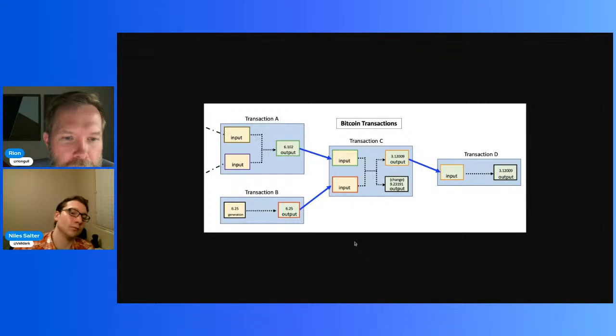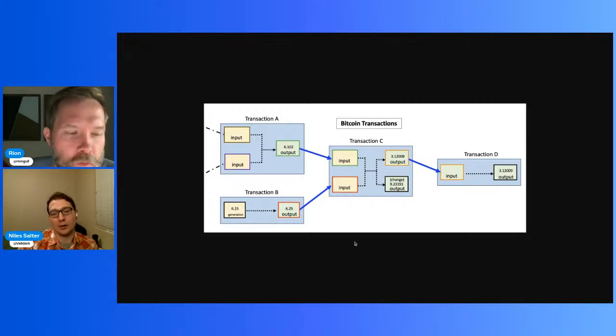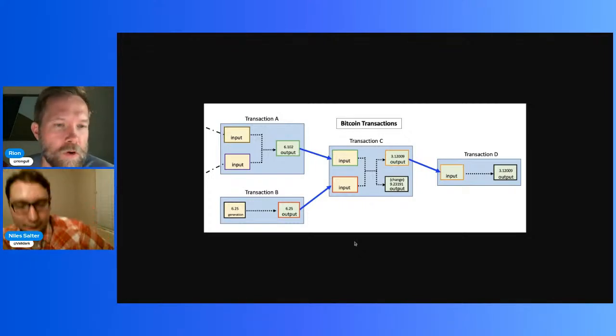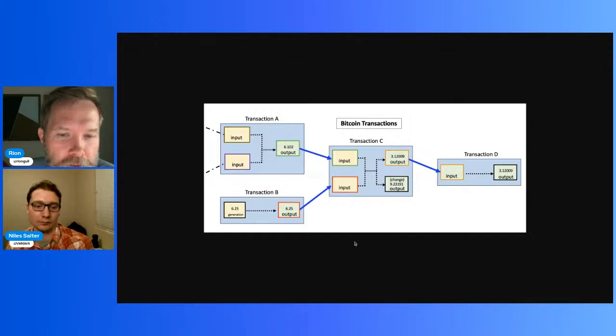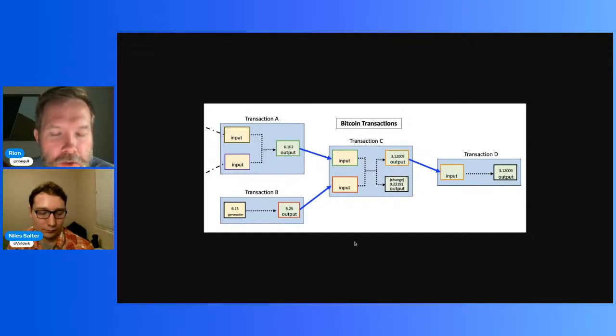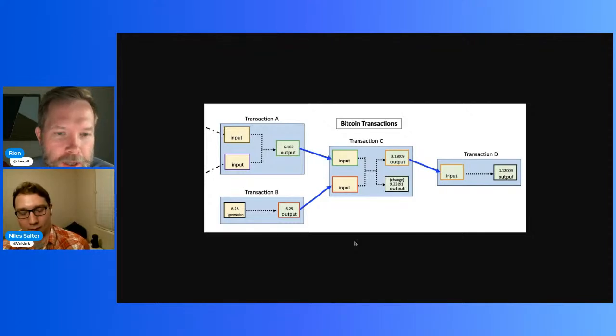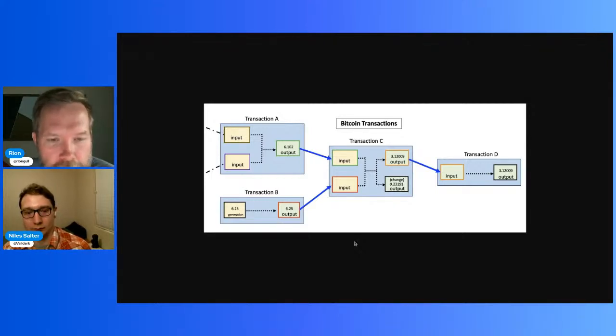Now, even though you could just choose one input for 6.102, because that would cover the output that you need of 3.12, you don't have to necessarily just choose one input. You can construct a transaction with the two inputs, even though that is more than enough to cover it. So the sum of 6.102 and 6.25 is something like 12.352.